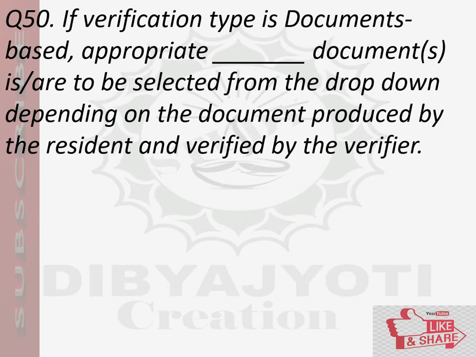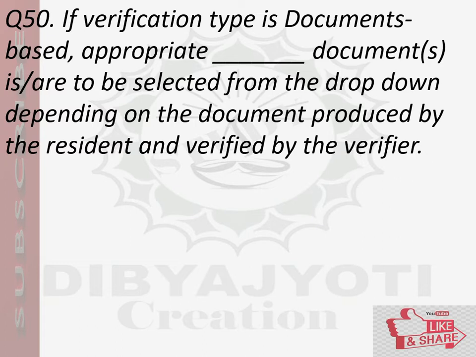Next, question number 50. If verification type is document based, appropriate dash documents are to be selected from the drop down depending on the document produced by the resident and verified by the verifier.